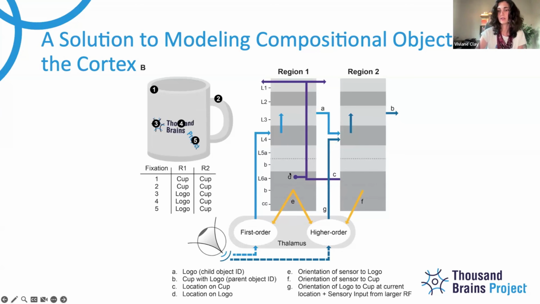It's not bidirectional. So you're right that region 2 does not know where on the logo exactly it is. But it also doesn't need to know, because region 2 doesn't have a full model of the Thousand Brains logo. It only gets the object ID. It's a more simplified version. Okay, that makes sense. Makes sense?